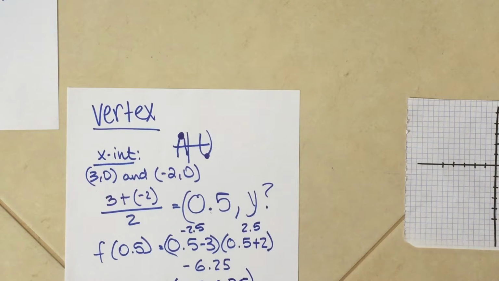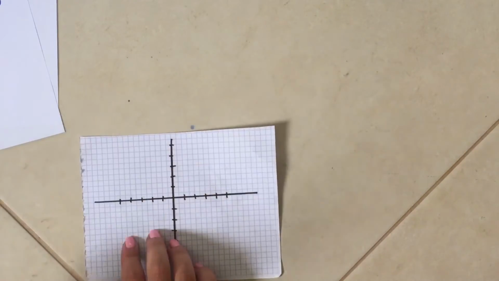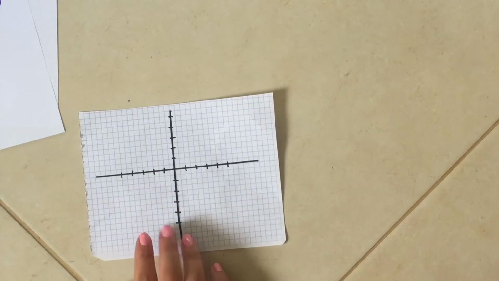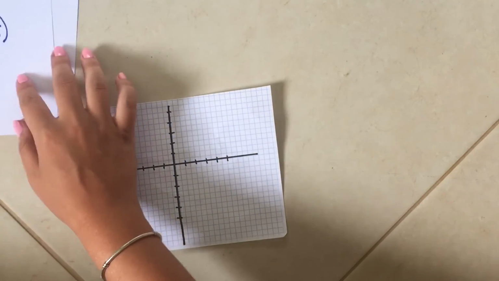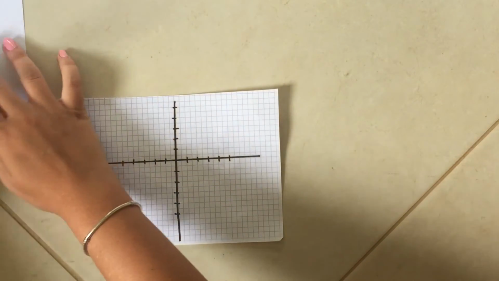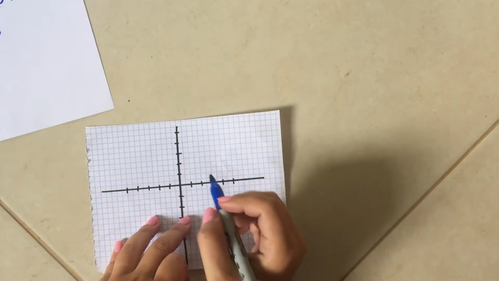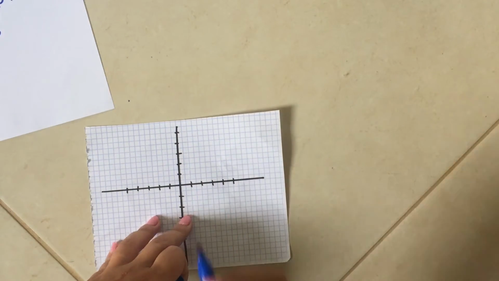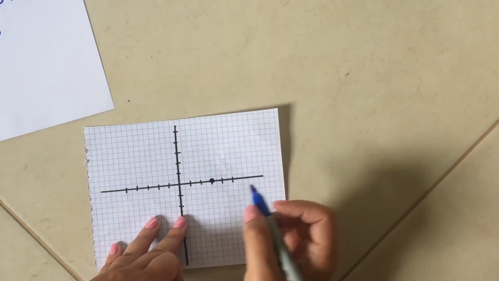Okay. Now, what we're gonna do is graph it, which is our final step, and that's what we were wanting to do. So since our x-intercepts are 3 and negative 2, let's find 3 and negative 2 on the graph. So 3, 1, 2, 3, 3 is right here.